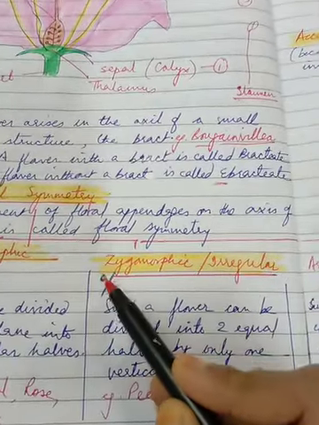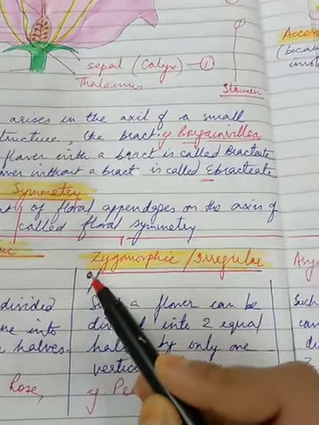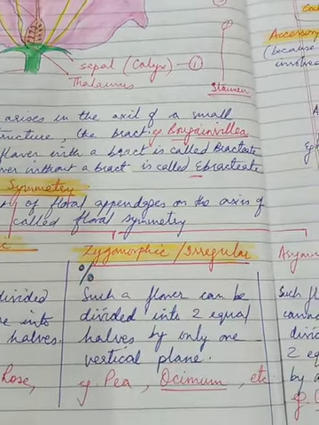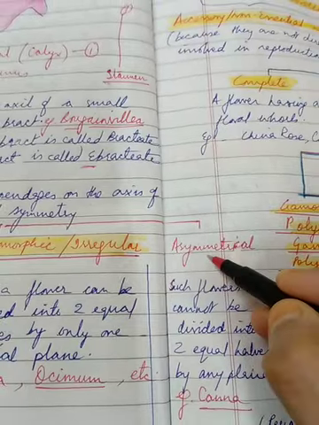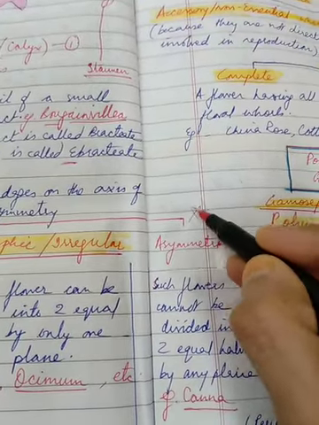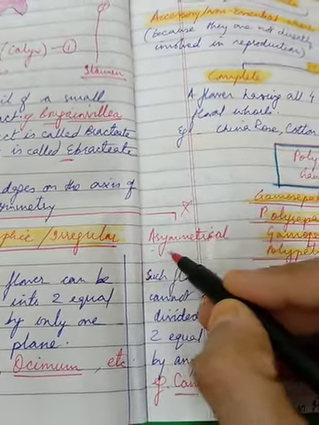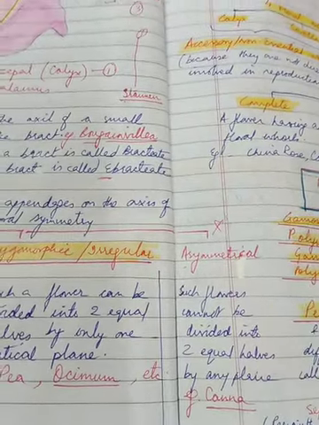Zygomorphic or irregular, the sign is a small dot, a line and again a dot, right? And asymmetrical is not mentioned in your course, but yes, a means without. So we understand there is no symmetry of any kind in any direction if you cut, right?